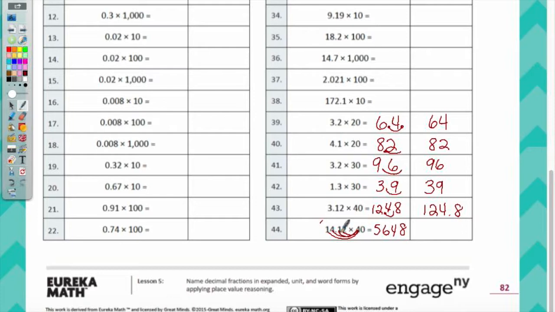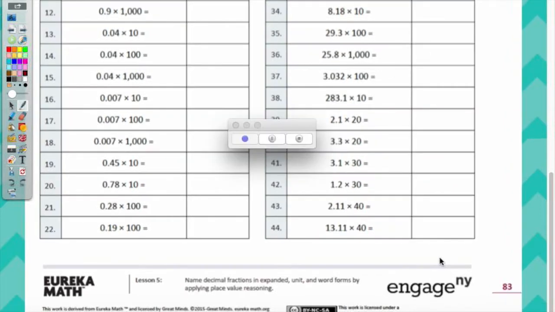How many decimal place values does my first factor show? 4. How many decimal place values right here? 2. So that's where I put my decimal. How many place values do I move it? 1. Why am I moving it just 1 place value, boys and girls?